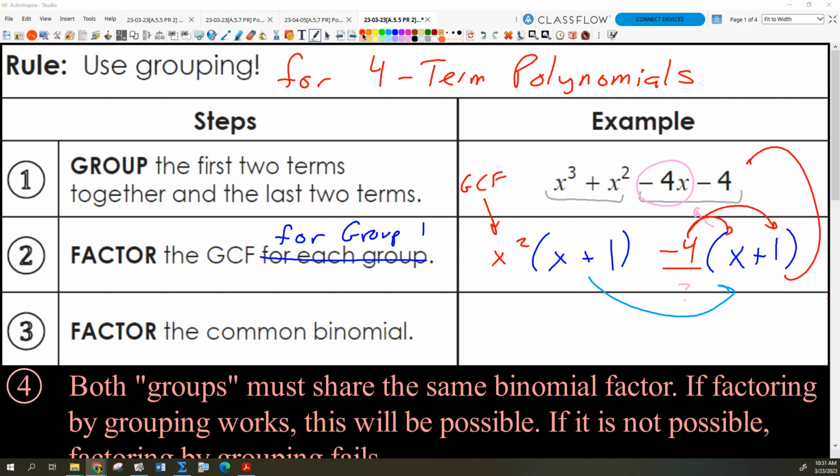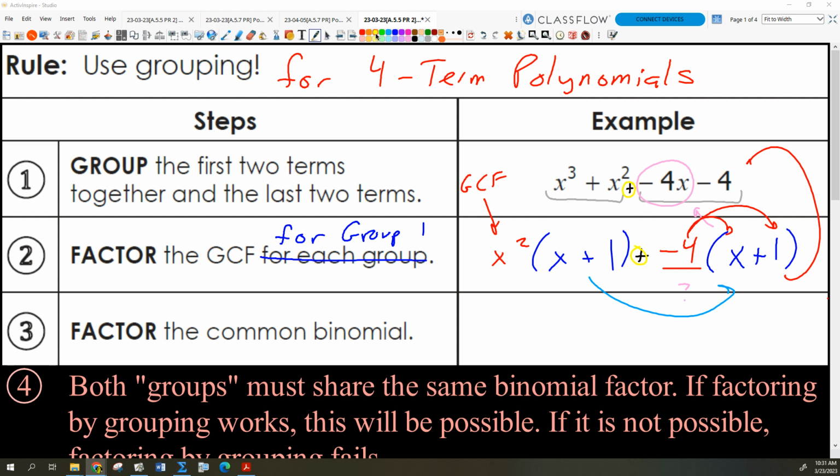Now, one thing that's also kind of helpful to do is I'm going to put a plus sign in the middle of the two groups that separates those two groups. I always put a circle around it so it's easy to spot. There it is, right? So now we've got first group plus second group. Each of the two groups at this point has some GCF and the same common binomial factor, right?